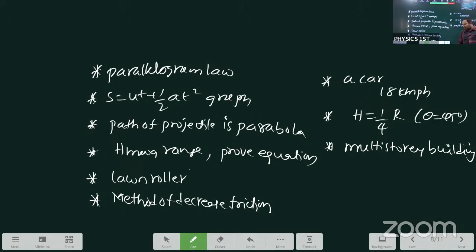In motion in a straight line, one question. What is the question? Otherwise I will read directly from the book.